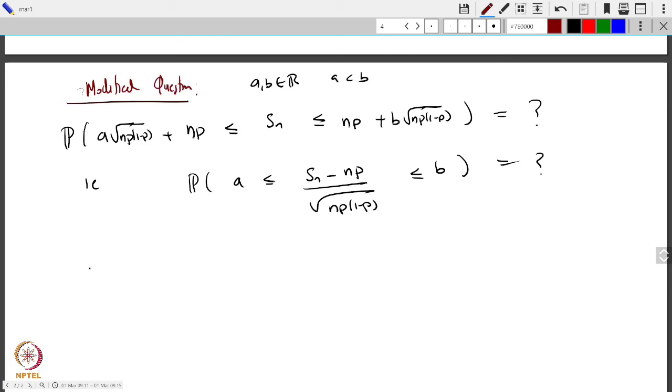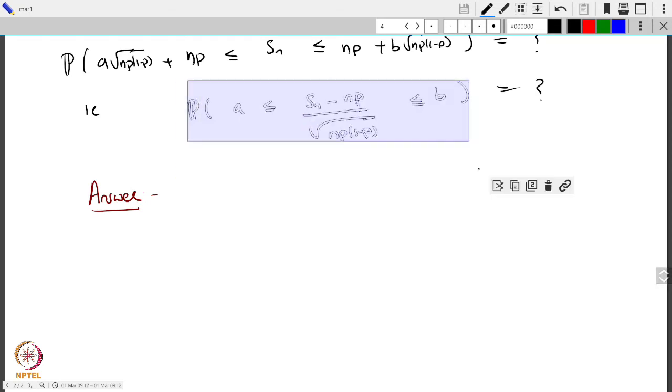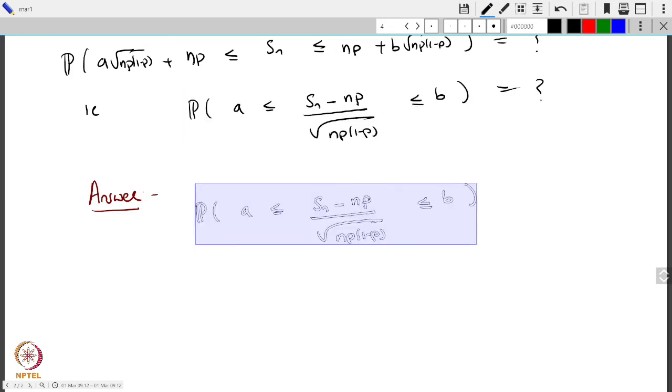So now here's an answer. I won't give all the details in the answer, I'll give you the broad scheme of things. So what is this probability? This probability is the chance that Sn is between np plus a times square root of np times 1 minus p and np plus b times square root of np times 1 minus p.